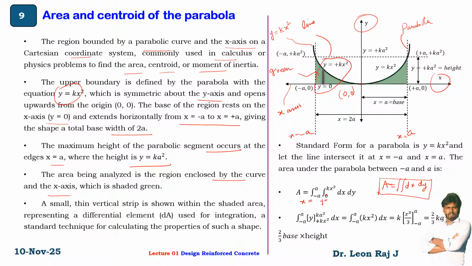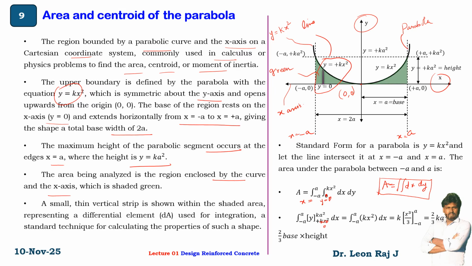Actually, the upper limit is not k a square, sorry, it is k x square, and the lower limit is 0.